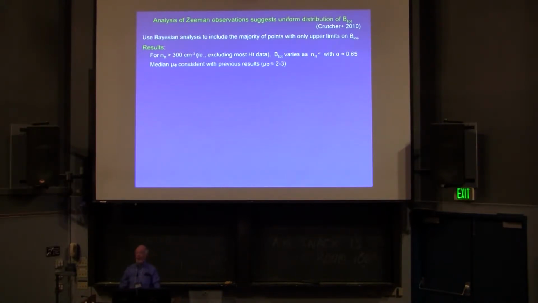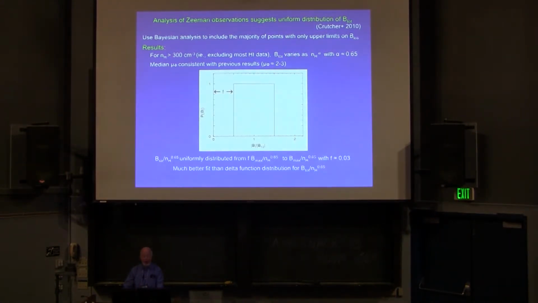The median value of the mass to flux ratio is consistent with previous results. And they also inferred that the distribution of the field strengths they saw was consistent with a uniform distribution, which goes from some value F times B max up to B max.